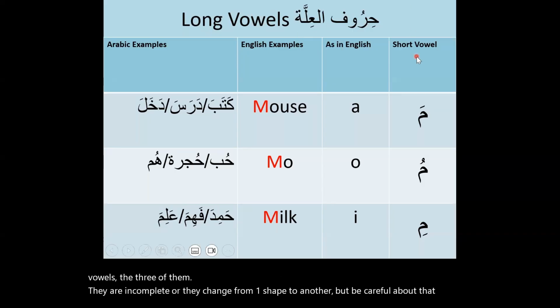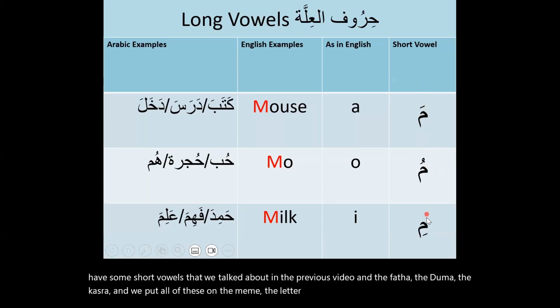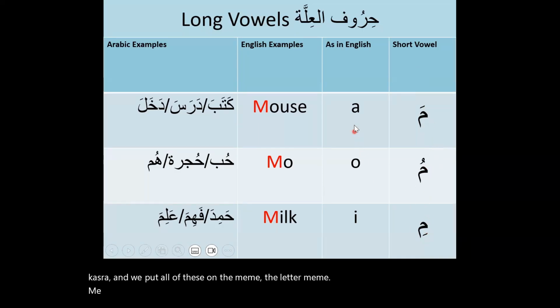Let's review the short vowels that we talked about in the previous video: the fatha, the dhamma, the kasra. We put all of these on the letter meme: ma, mu, mi. These are short because in English we say a, u, e, kind of short.